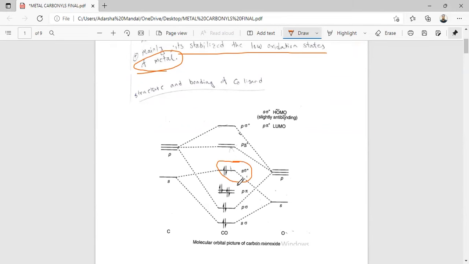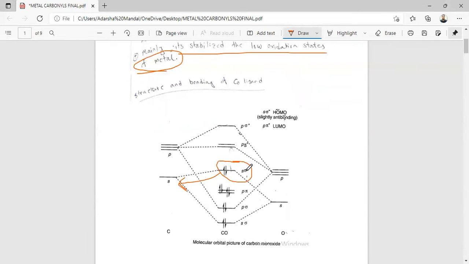The energy of this HOMO orbital is close to the energy of the carbon atom. That's why the carbonyl donates, coordinating to the metal via the carbon atom.